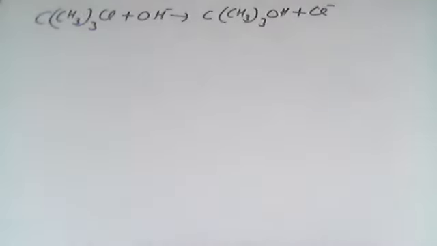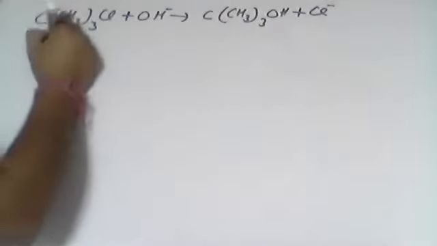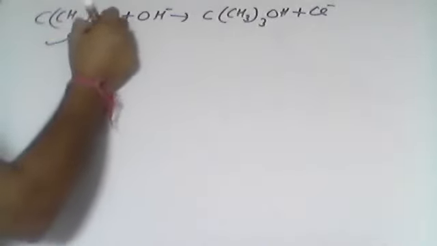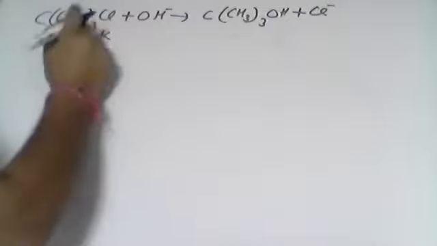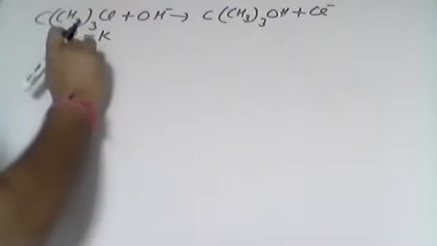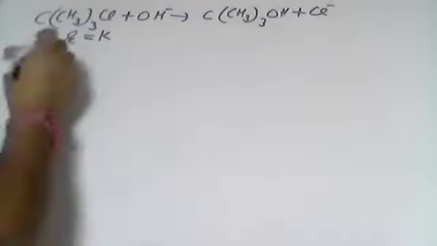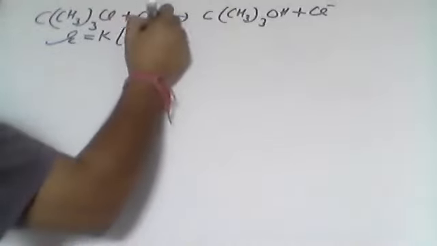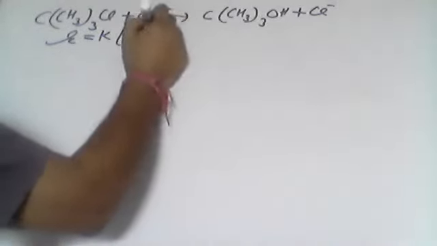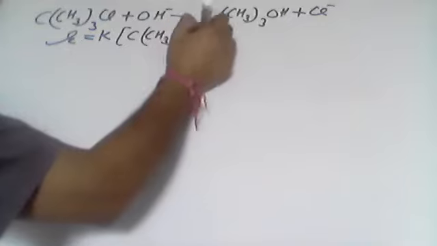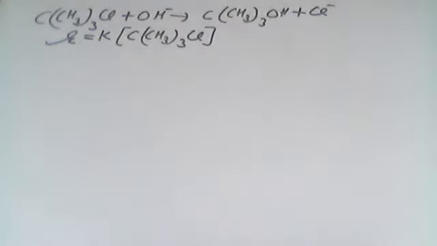This reaction is given to you, and for this reaction the rate is given to you. Rate is equal to K times the concentration of (CH3)3Cl. You have to write down a mechanism for this.